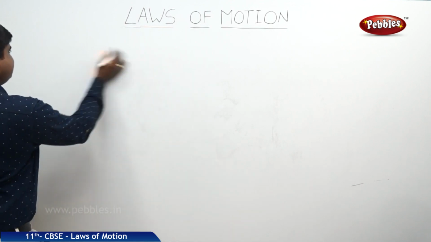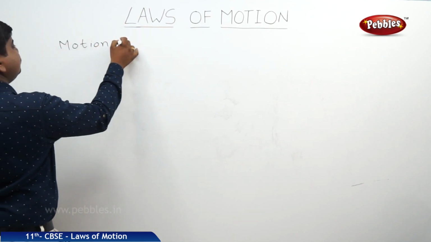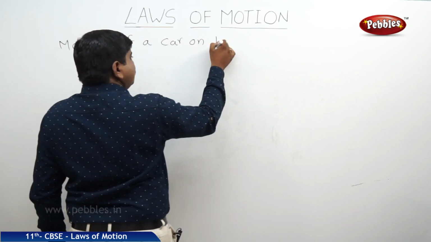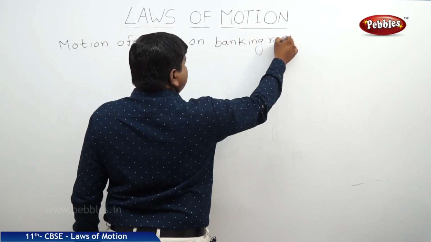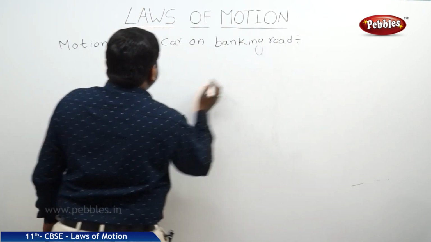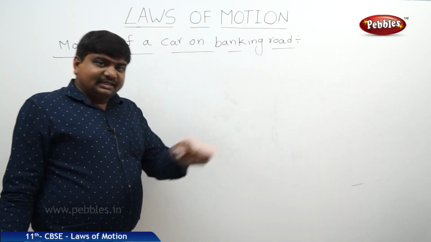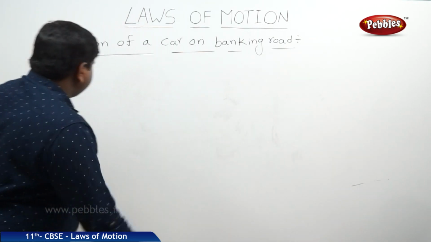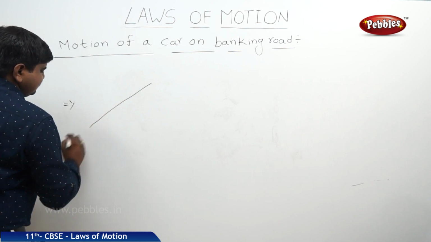The next concept is motion of a car on a banking road. Banking road means the road which is in a turning shape, which has some banking angle to take the turn. So let us take an inclined plane like this.